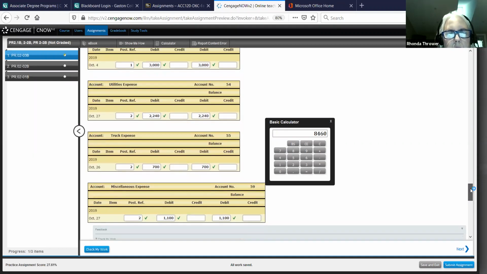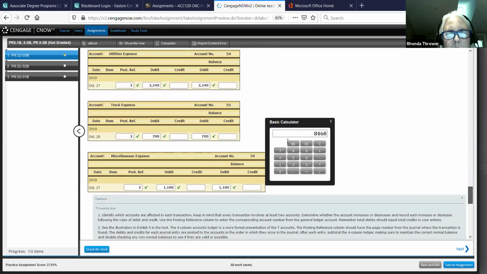Your next account is utilities expense, has a debit balance of $2,240.